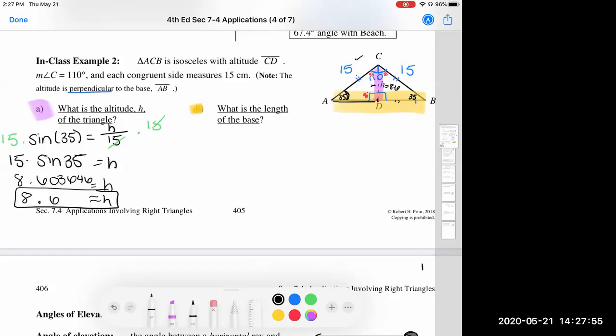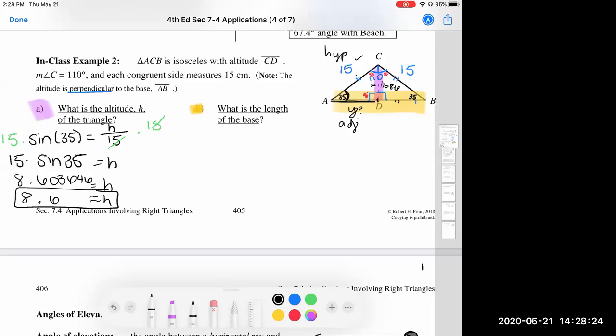From there, I can just add them. I want to work with this unknown side because I don't know what it is. So if I work with the angle, let's say 35 again, what function would deal with an adjacent side and the hypotenuse?